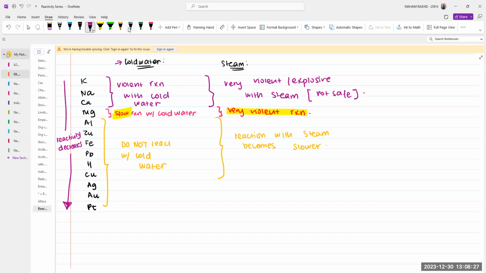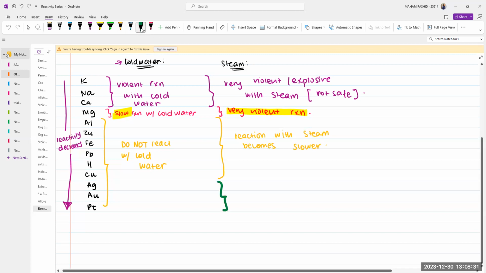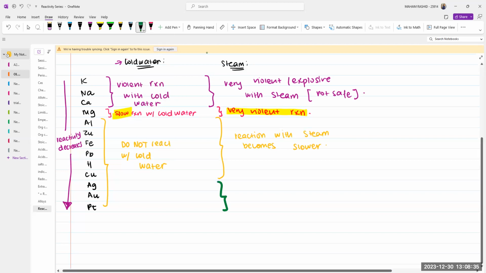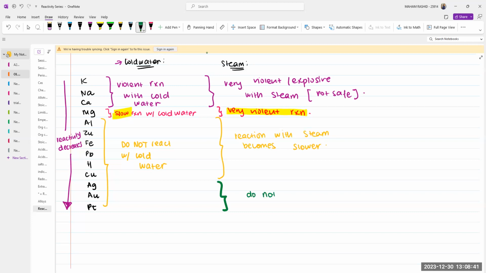And these metals, the last three metals, basically do not react with steam.